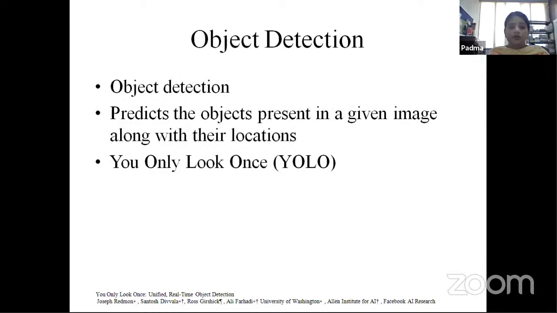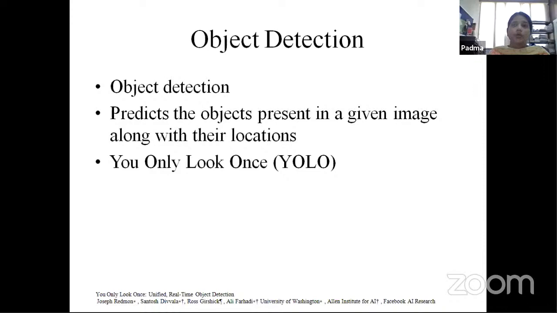Now moving ahead, we have one more problem, that is the detection problem. In the detection problem, we predict the objects present in a given image along with their location. That means our model should be able to answer queries in terms of what and where.